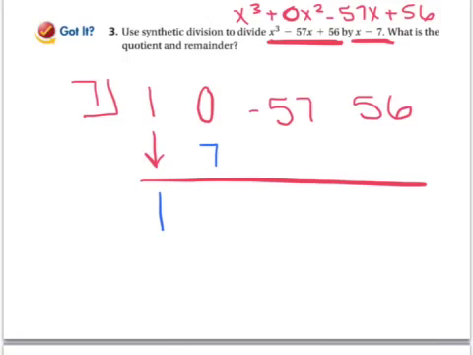Add 0 plus 7. 7 times 7, 49. Add down the column, negative 57 plus 49 is going to be negative 8. Negative 8 times 7, negative 56.